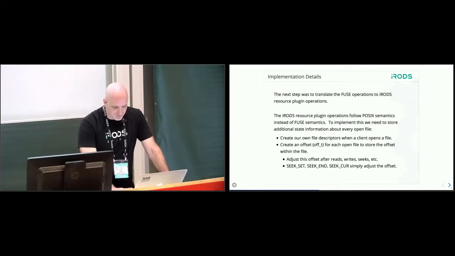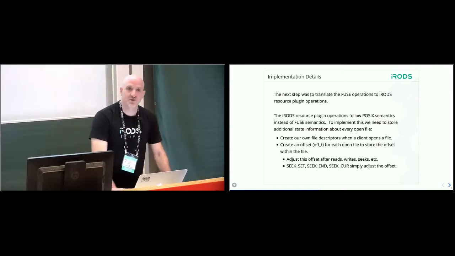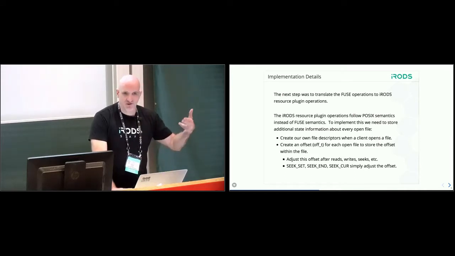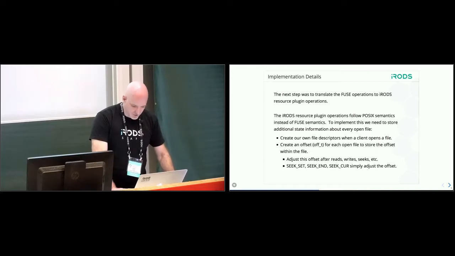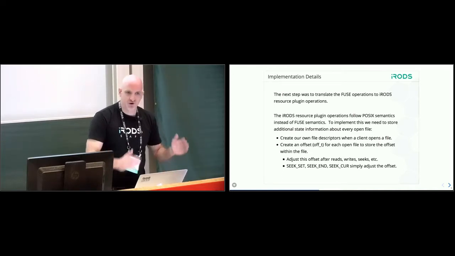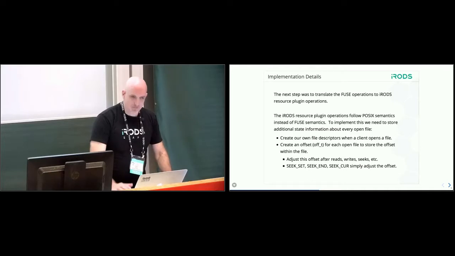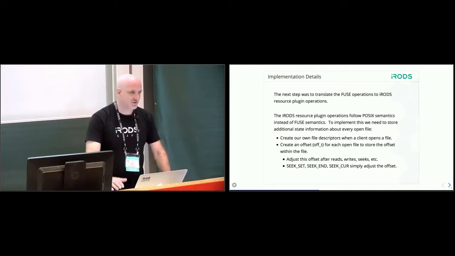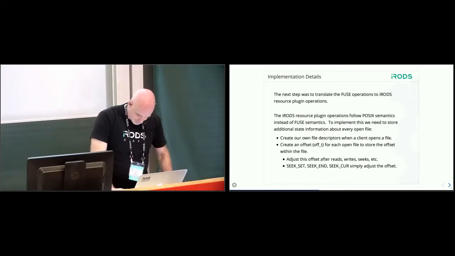Of the many updates we had to do, we had to create our own file descriptors because everyone expected a file descriptor when you open a file, and we didn't have those available to us. So we created our own table of open file descriptors and mappings of the file descriptors to the open operations.